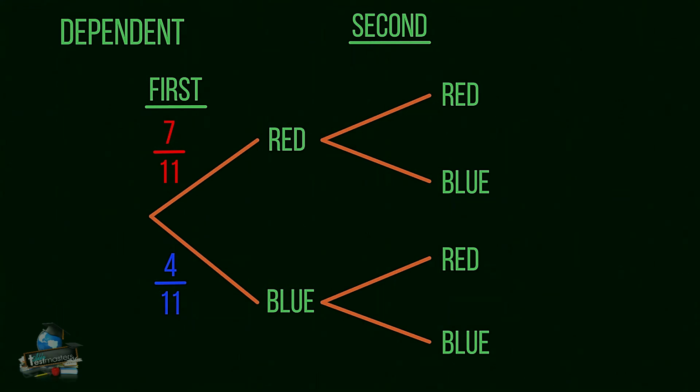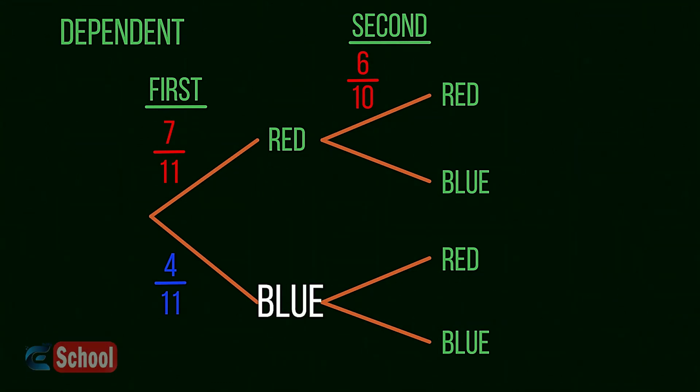This makes the new red possibility 6/10, one less red to pick and one less counter in the bag. If the first counter choice is blue, there are still 7 reds to choose from, but again, only 10 counters remaining. We can now add in the remaining blue values, remembering that they must add up to 1.